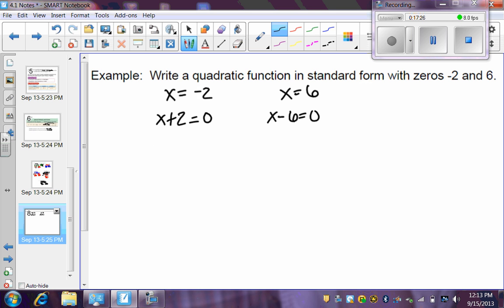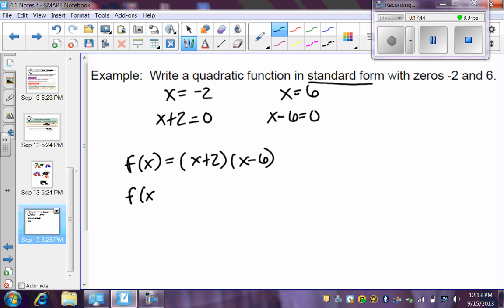So now you know that your two factors were x plus 2 and x minus 6. But if you read the question, it doesn't say leave it in factored form. It wants it in standard form, which means you need to FOIL this out.